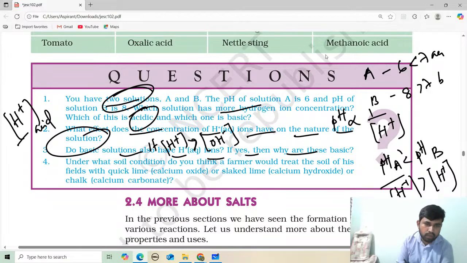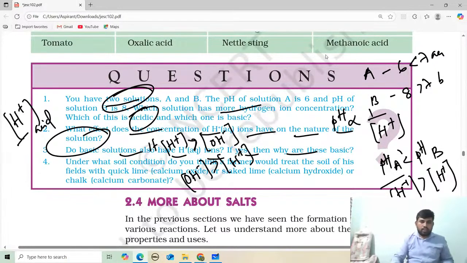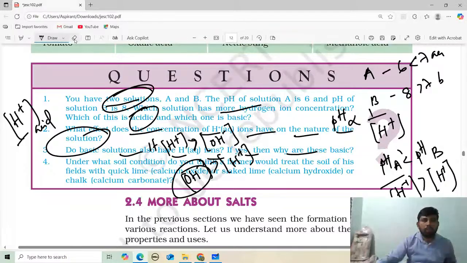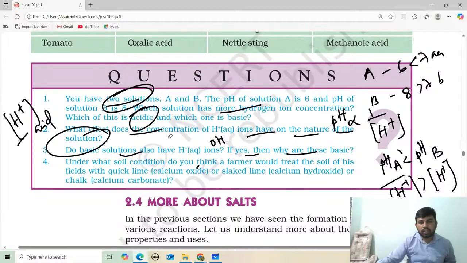Vice versa, if the OH minus ion concentration is greater than the H plus ion concentration, it is called a base, because more OH minus ions means more base.